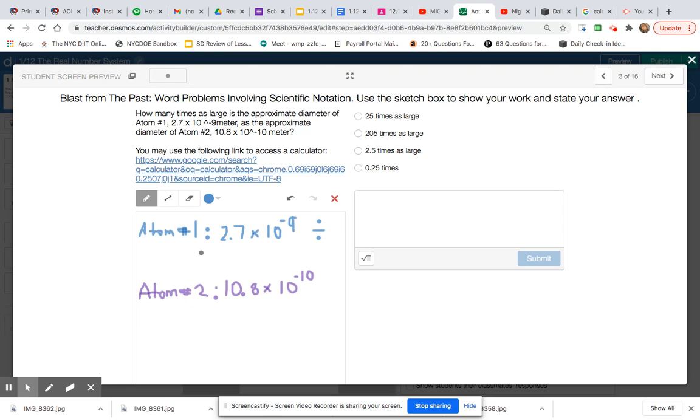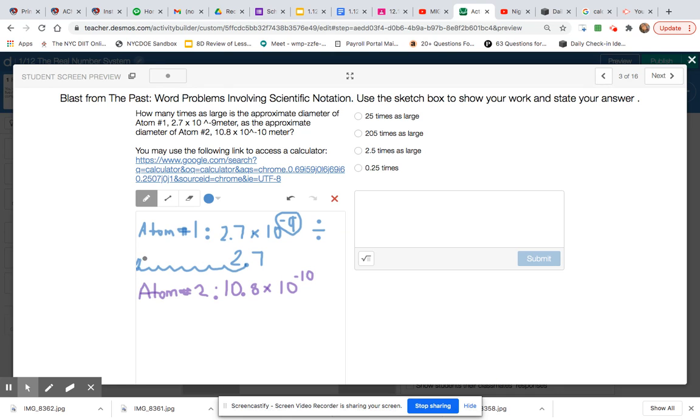So 2.7 times 10 to the negative ninth power, right? So I'm just gonna rewrite this as 2.7, and in order to write this number in standard form, I'm going to look at my exponent. Since my exponent is -9, that means that I'm going to move this decimal place 9 spaces to the left. So when I do that, 1, 2, 3, 4, 5, 6, 7, 8, 9.